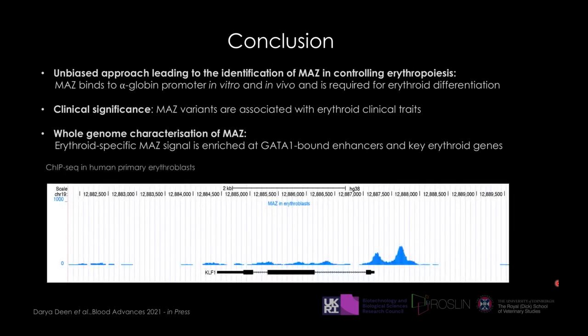So now, how does MAZ regulate erythropoiesis? That's where the model gets a bit complicated, because we found that MAZ regulates, as I said earlier, erythroid genes. The GATA1 gene itself and the KLF1 gene are occupied by MAZ, and this is an example of the ChIP sequencing we found. This is the KLF1 promoter.